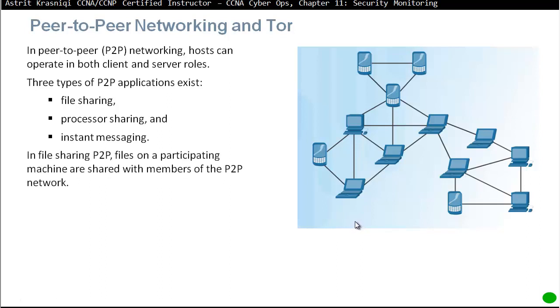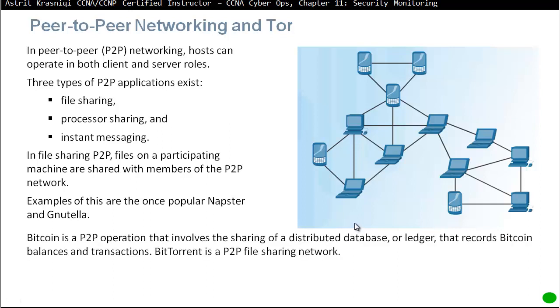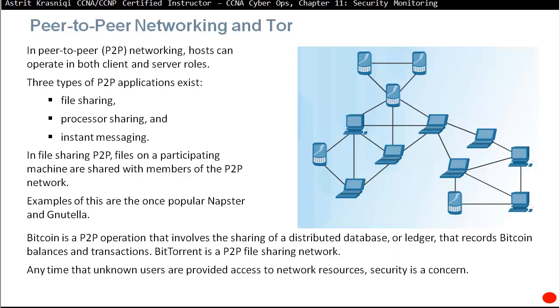In file sharing, peer-to-peer files on participating machines are shared with members of peer-to-peer networks. Popular examples are Napster and Gnutella. Bitcoin is a peer-to-peer operation that involves the sharing of a distributed database or ledger that records the Bitcoin balances and transactions. BitTorrent is a peer-to-peer file sharing network.